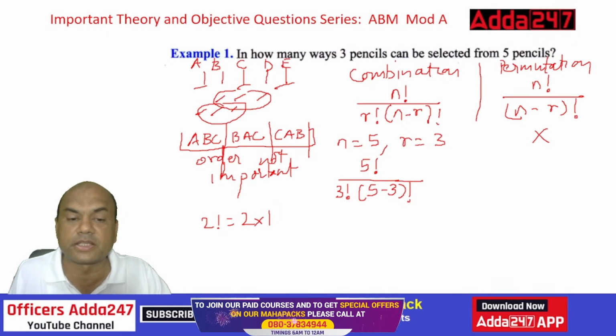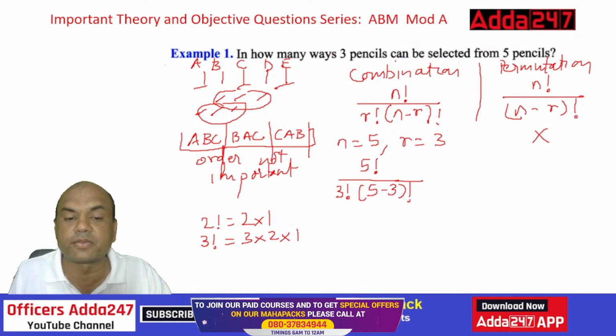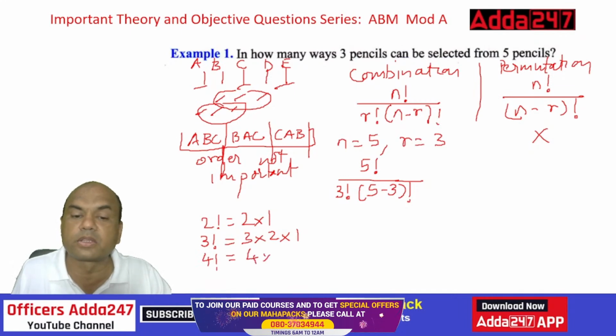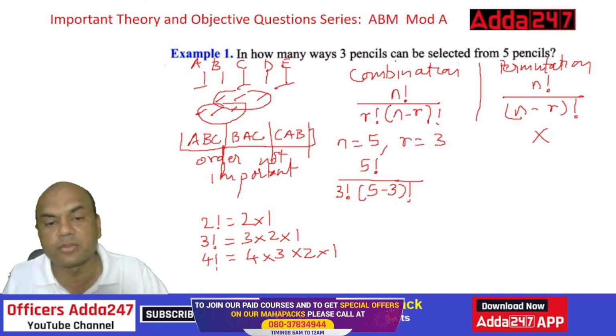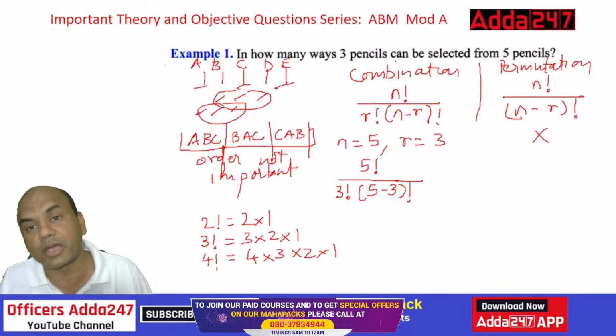Suppose I say 3 factorial, it means 3 into 2 into 1. Suppose I say 4 factorial, it means 4 into 3 into 2 into 1. Factorial means multiplying the numbers up to 1, starting from this number and going backwards.